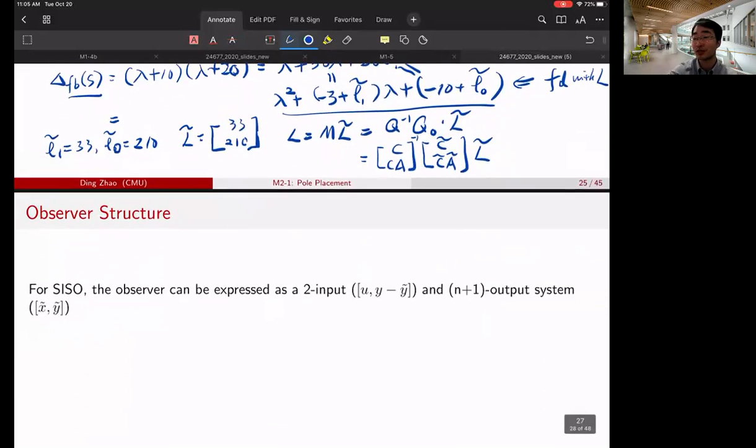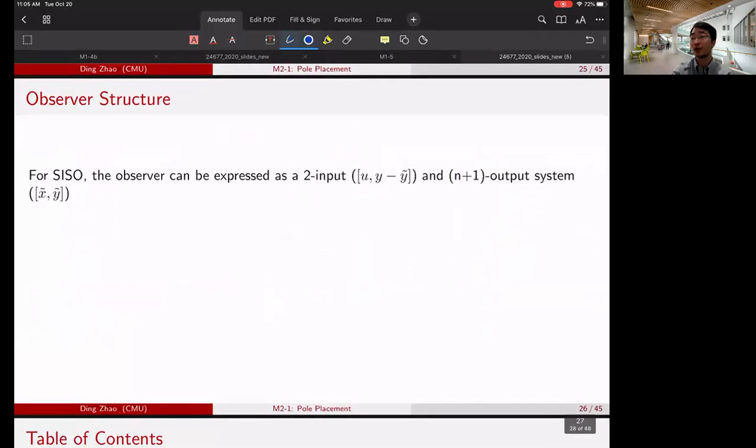Just one more slide. You can write this in a different way. Our x tilde dot equals A x tilde plus B u plus the feedback L times y minus y tilde. That's how we design our observer, right? You can also write it in a different way.